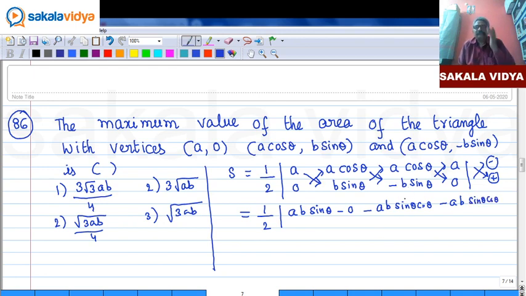This will be, wait now, ab sin theta, right. So next we have this one, a cos theta into 0, one minute, ab sin theta minus 0, this will be minus ab sin theta cos theta, and next minus ab sin theta cos theta, right. Okay, this will be how much?